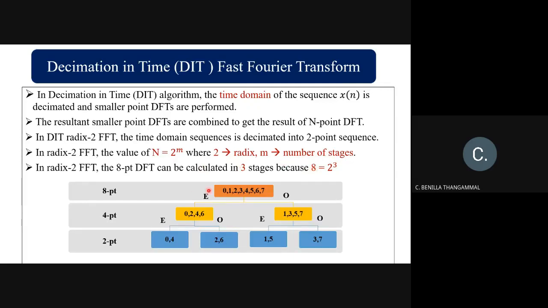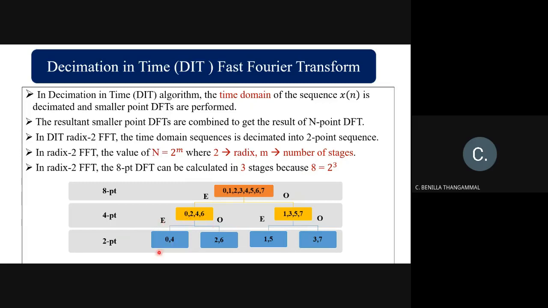So here, how am I going to decimate now? This 8-point sequence will be decimated into 2 as even and odd. So from 0 to 7, all your even samples 0, 2, 4, 6 will be one side, and then 1, 3, 5, 7 will be another side. So this n point is decimated into n by 2 point. Again, this n by 2 point will be decimated as even and odd.